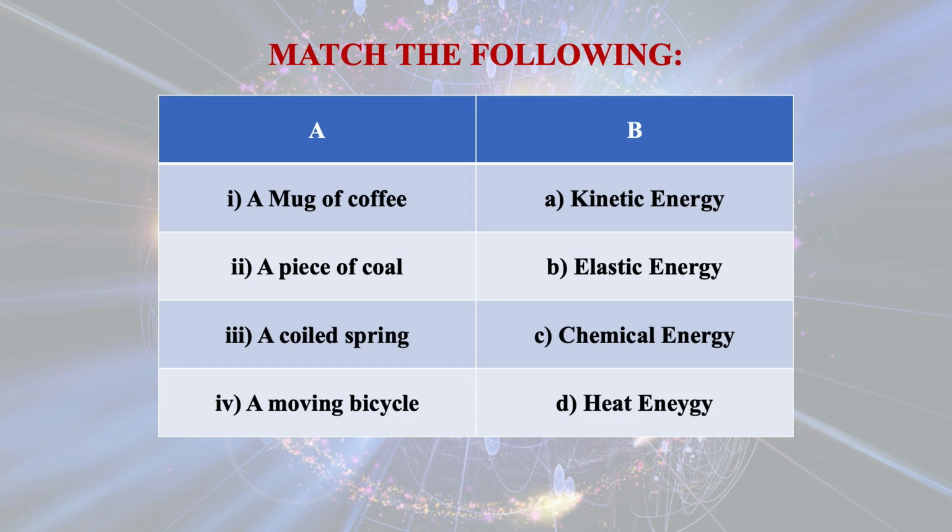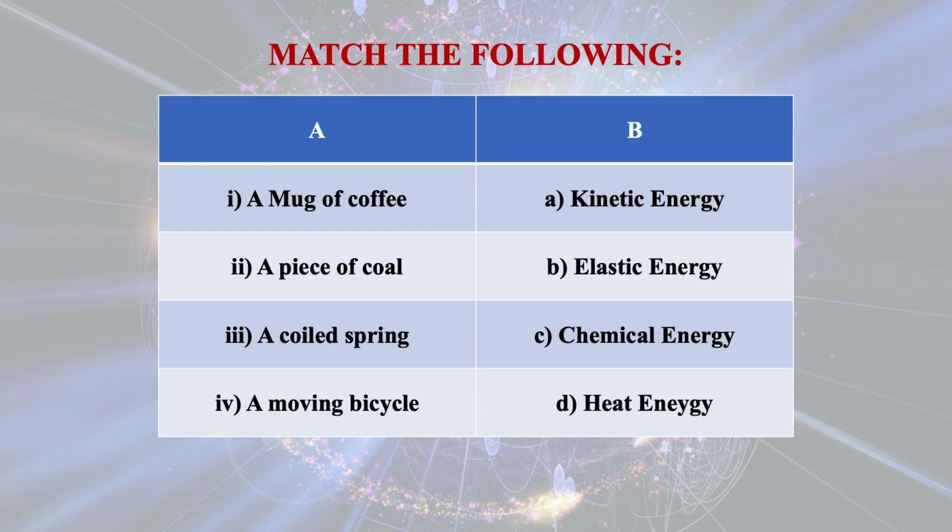In column B, four types of energies are given: A, kinetic energy, B, elastic energy, C, chemical energy, and D, heat energy. Now we have to see which is matching what.